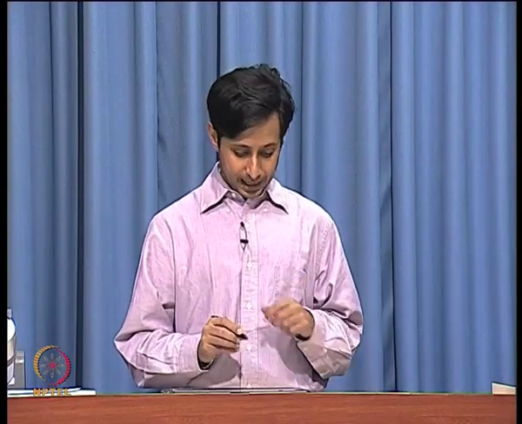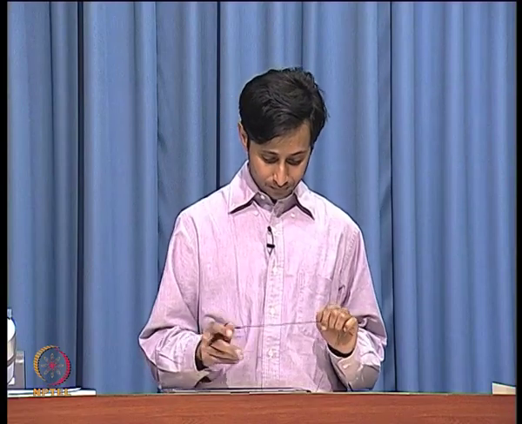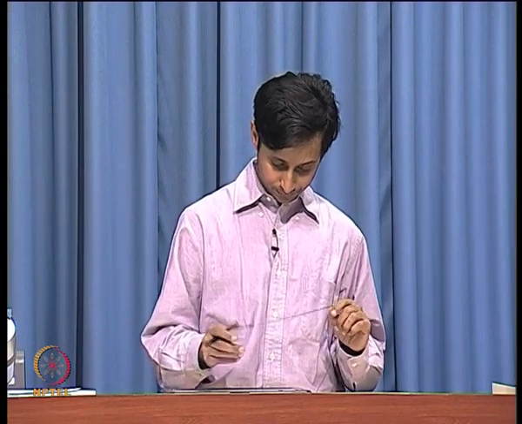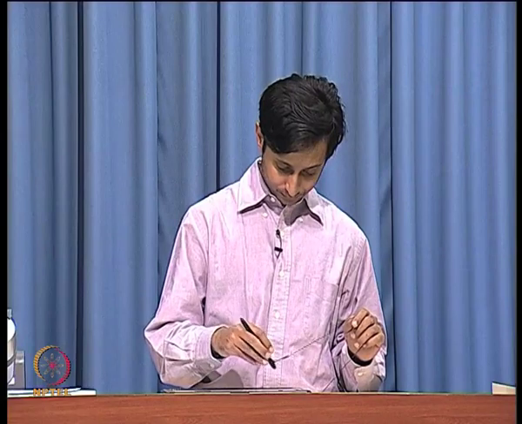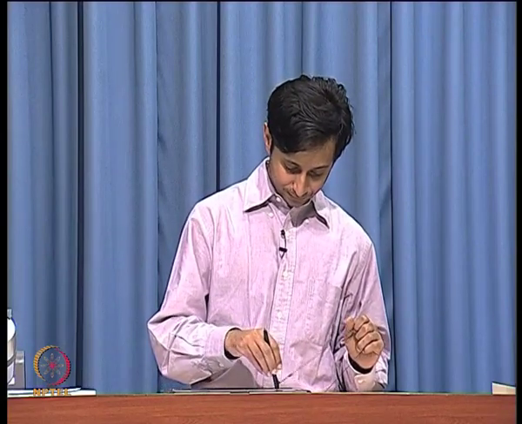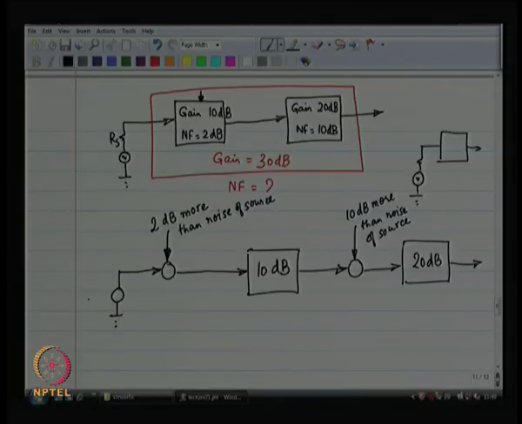All right. Now, instead of noise figure, let us convert these into noise factors. Noise figure is just a dB representation of noise factor. So, 2 dB is how much? Let us say that the noise of the source is n.